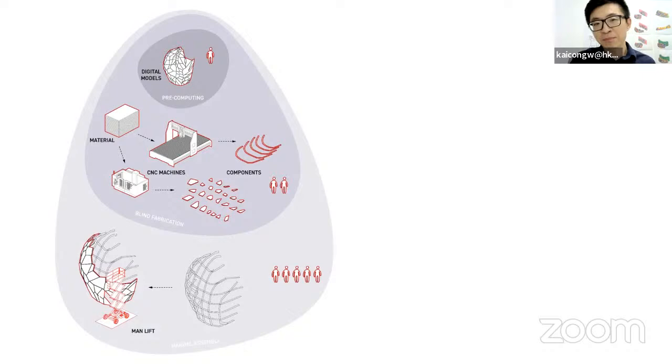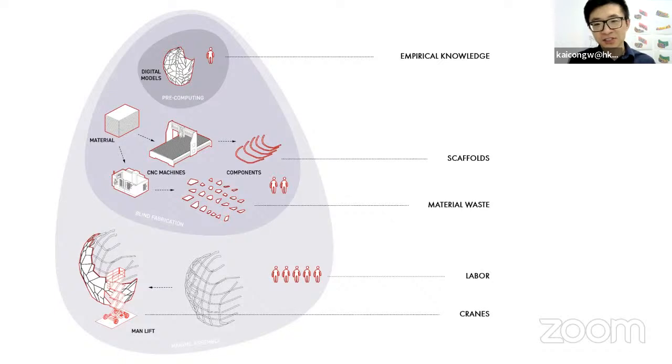I found that part problematic, because in the end the contribution from digital fabrication still follows a very linear production line. From the conceptual model, you start different kinds of fabrication and use more and more labor to assemble the pieces back into the form we modeled in the first place.